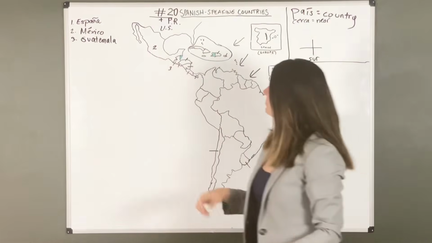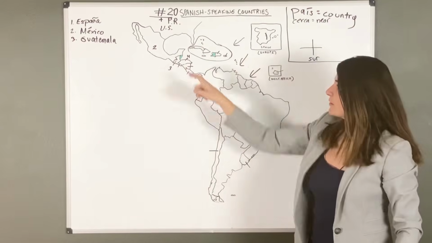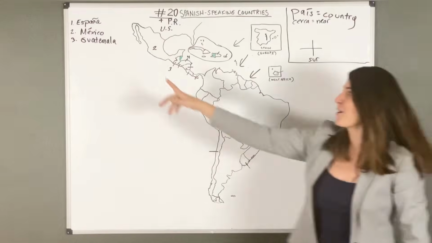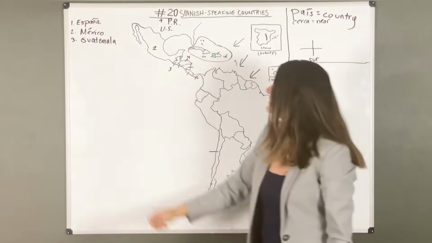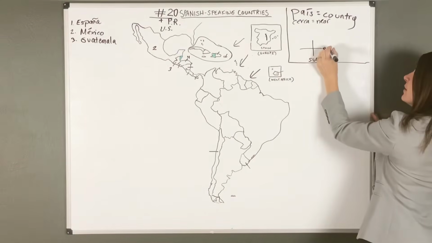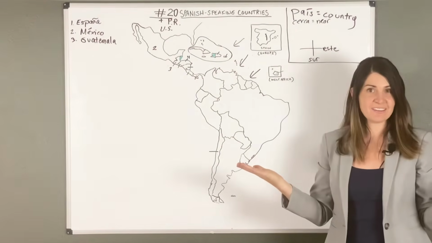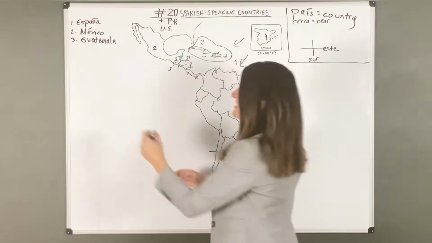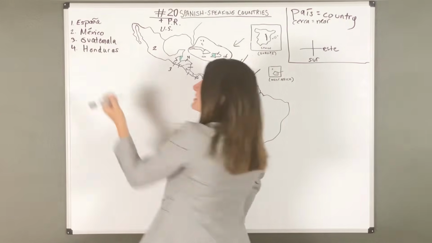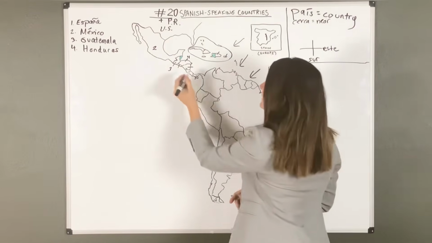Número 4 es otro país cerca de Guatemala y al este de Guatemala. ¿Cómo se llama? Honduras. Número 4 se llama Honduras. ¿Ok? Perfecto. Muy bien.